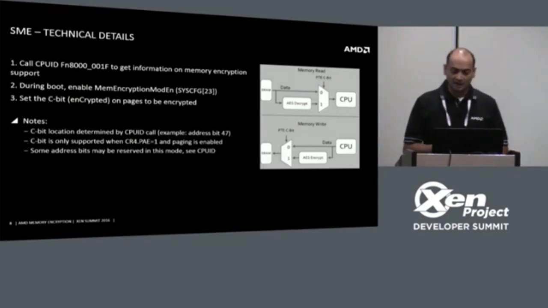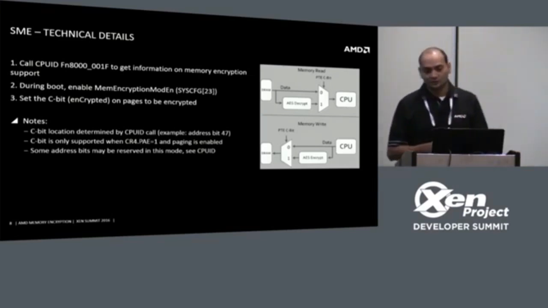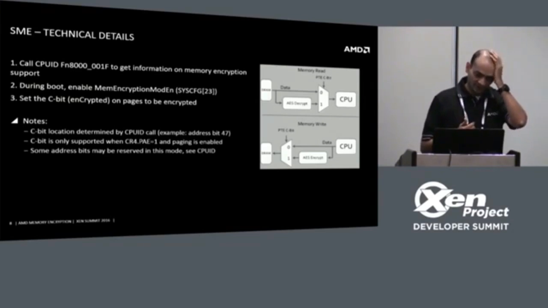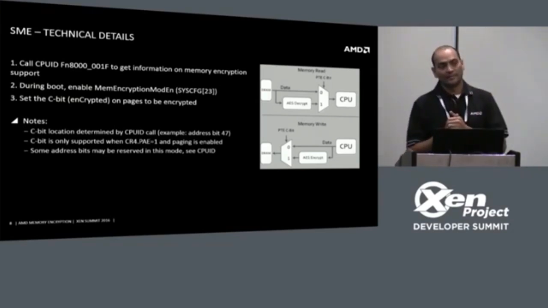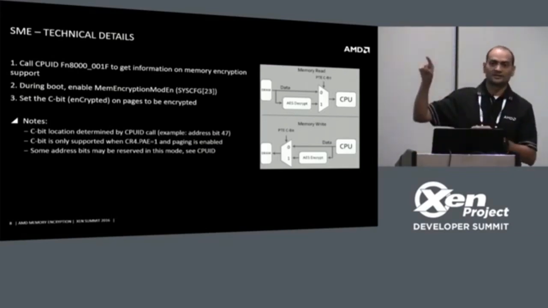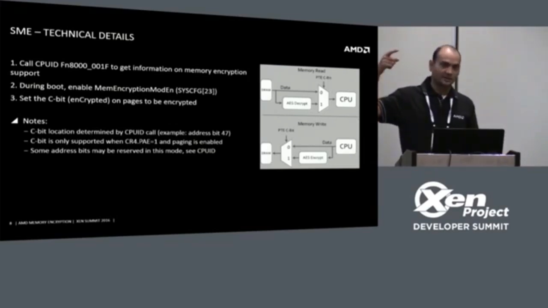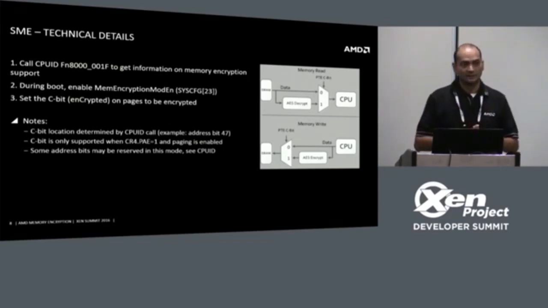I was looking at the Xen kernel and trying to understand the booting sequence a little bit, to identify the place where we might consider enabling the encryption. One place I could see is when Xen boots up, it relocates itself from low memory to high memory. When the relocation happens, probably that's the place where we can enable the encryption. From there onwards, the entire Xen kernel itself will start getting encrypted.